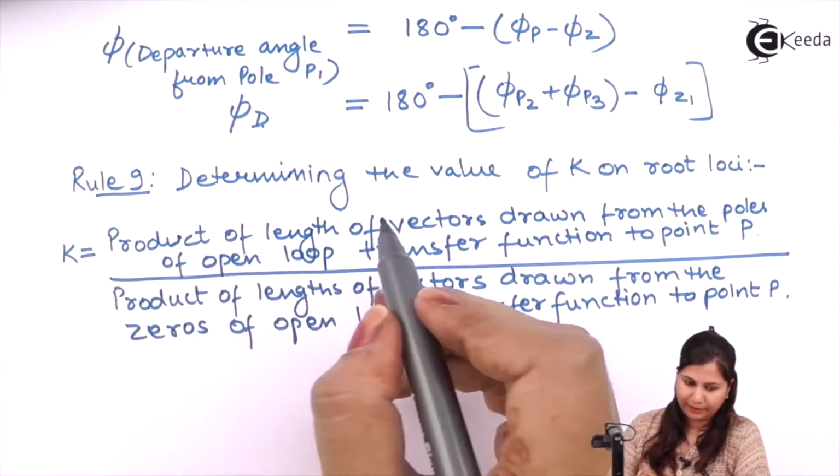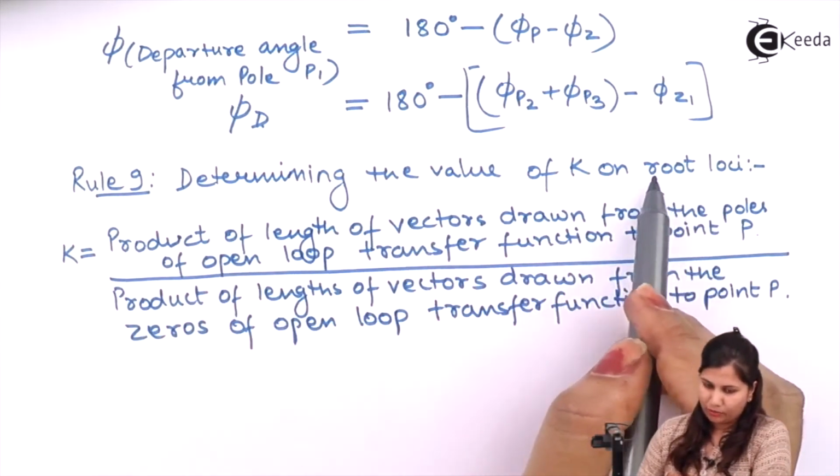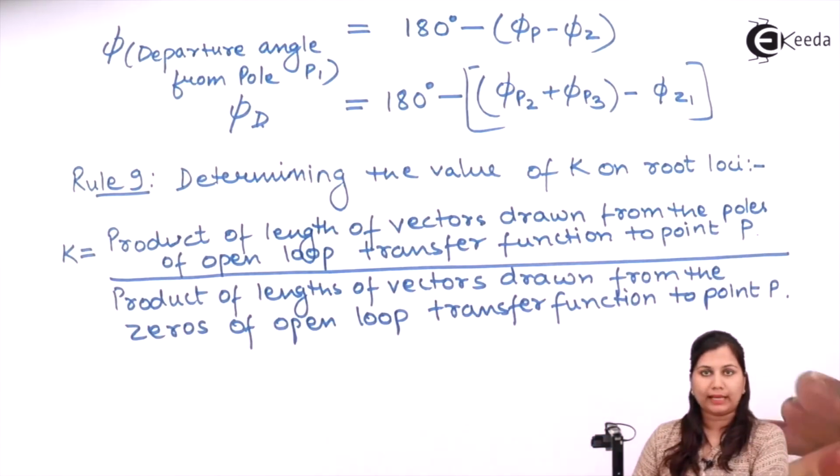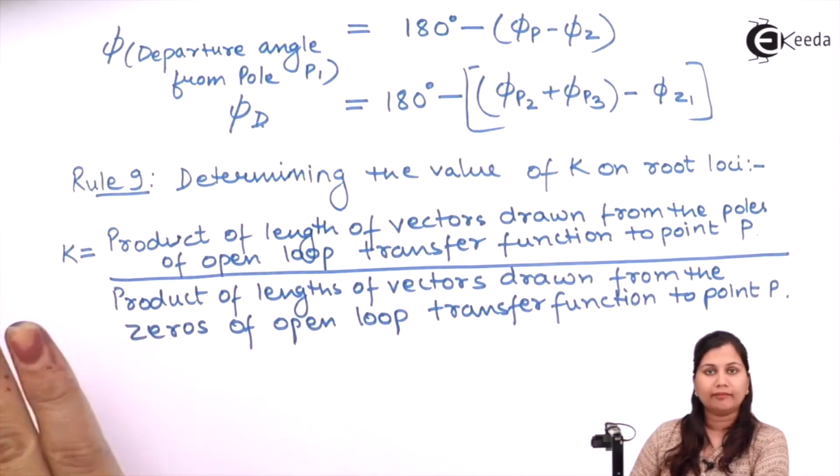So how can we determine the value of k on the root locus? We have a point P, and on that point we have to determine the value of k.